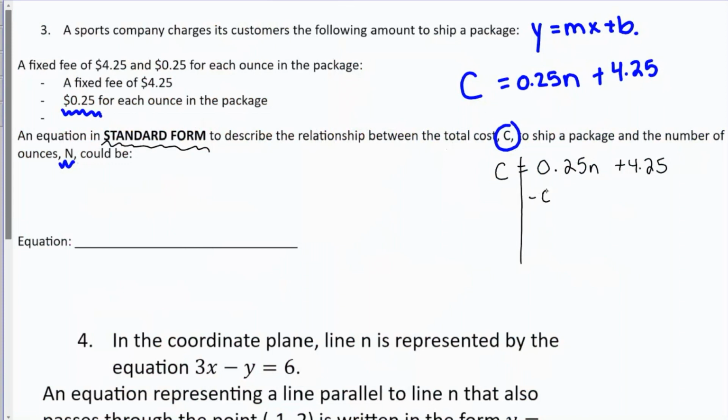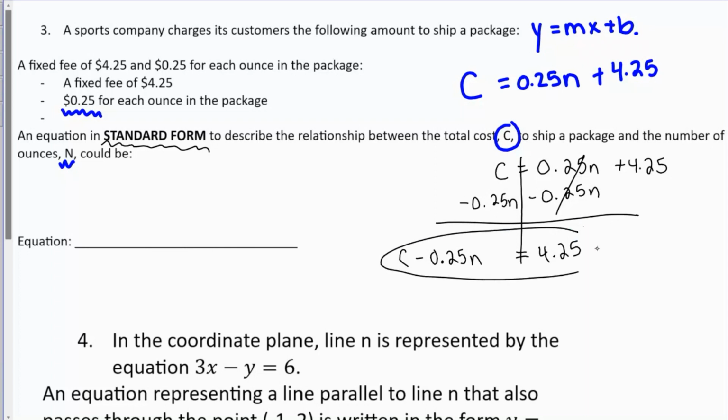I'm going to do minus 0.25n. Whatever I do to one side, I must do to the other. And that's going to leave me with C minus 0.25n equals 4.25. And that is going to be our equation.